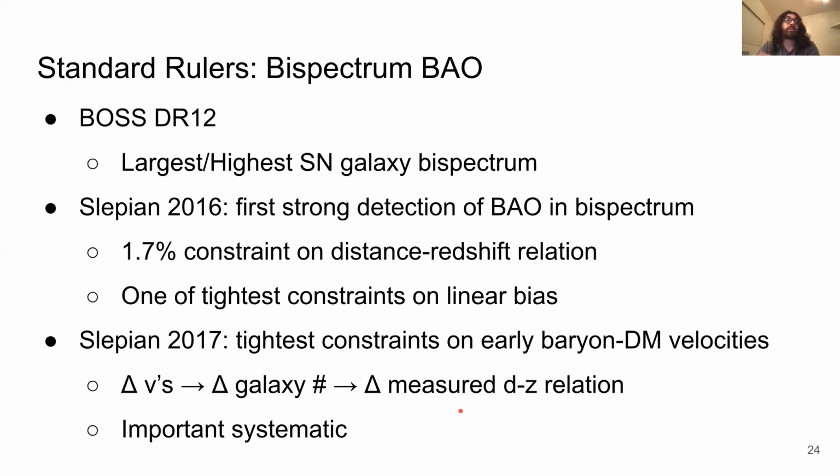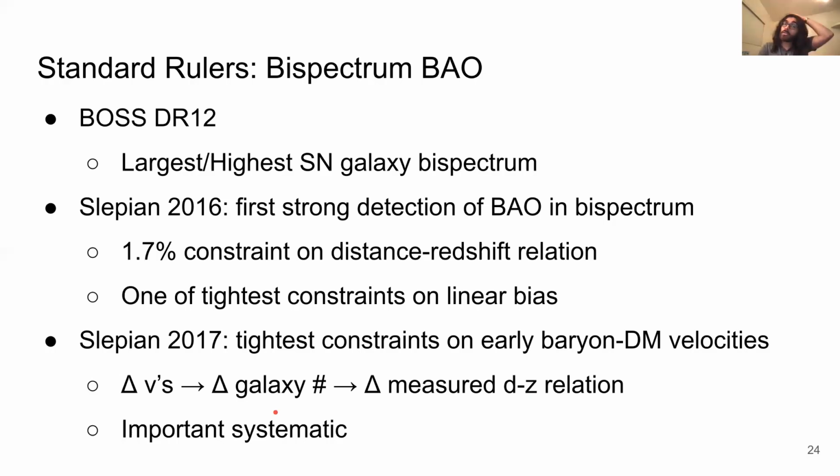And the uncertainty here in the velocity is a very important systematic in cluster analyses, especially future ones like DESI, because they rely very heavily on this accurate distance redshift relation.